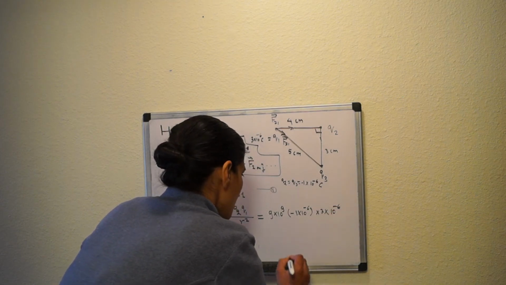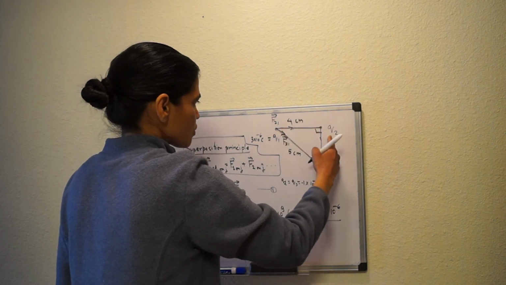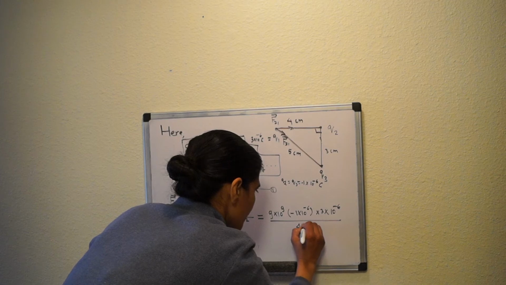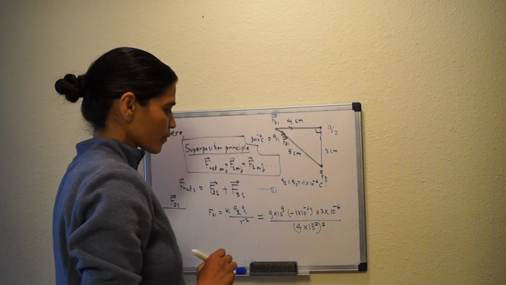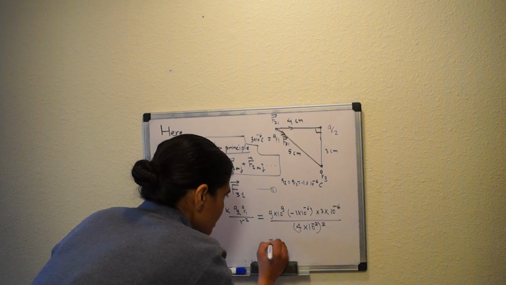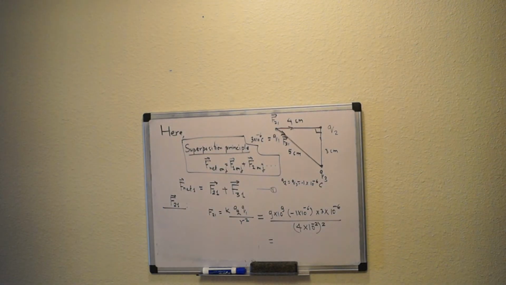Divide by r, the separation between charges Q1 and Q2, which is 4 centimeters. Convert that into meters, 4 into 10 to the power minus 2, and then the whole square, okay? Alright guys, find what you get here. Please put this in your calculator.